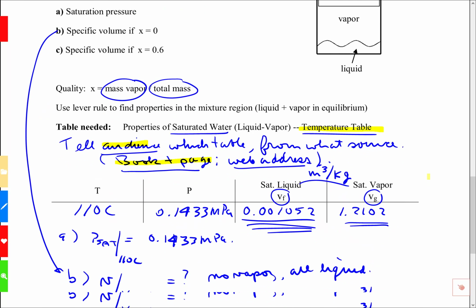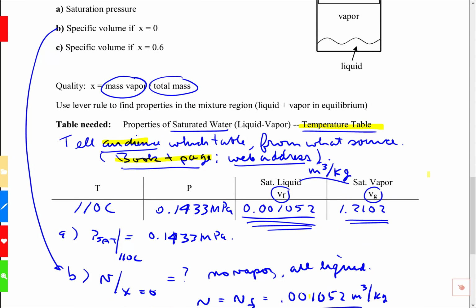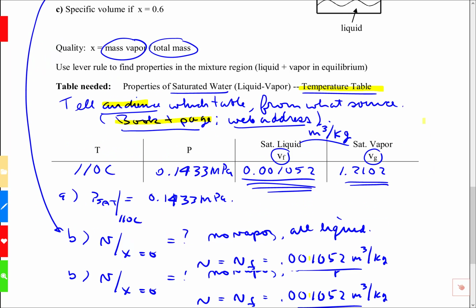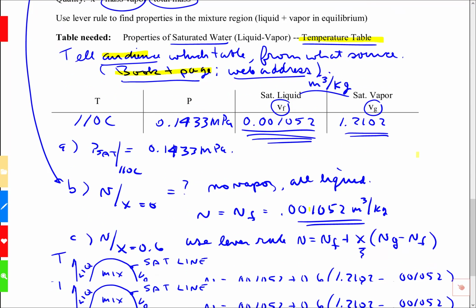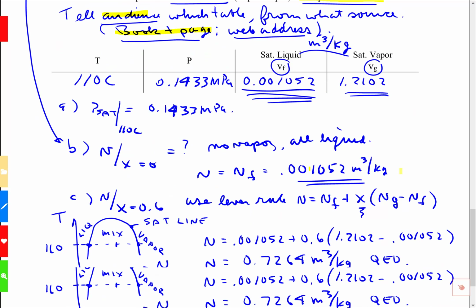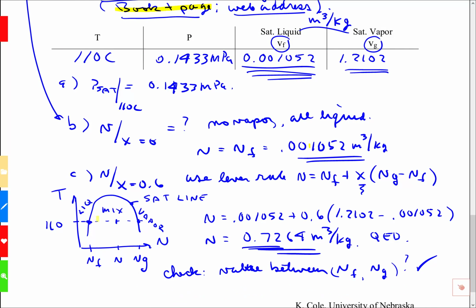If we need to use the lever rule, it has the form of how far are we across the mixture region from here to here. And when you're done, check that the value falls between. And if you remember that, all will be well.